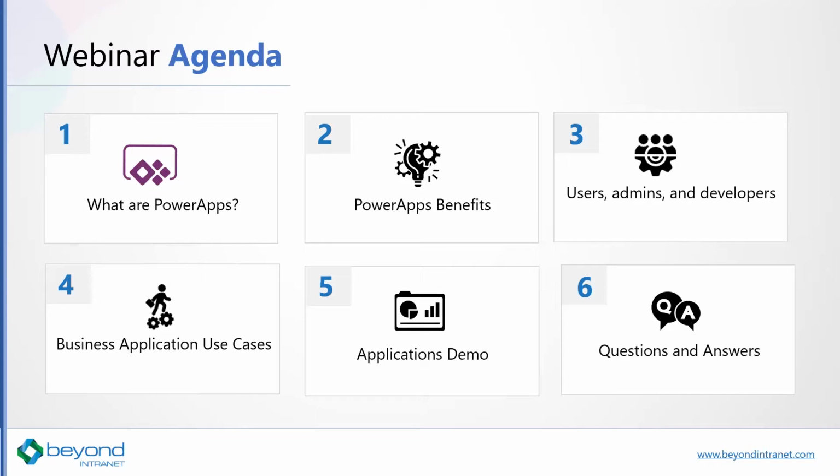The next topic is business application uses. Now that you have an idea of what Power Apps are, how can you use Power Apps in your own business? Just giving you some ideas of how other companies have done that. We'll probably spend about 5 minutes or so on that. Then the rest of the time we'll spend on the applications demo. Finally, as I mentioned before, we'll do all questions and answers at the end of the webinar.